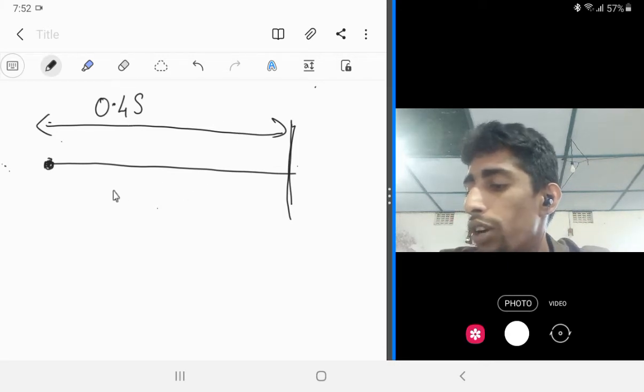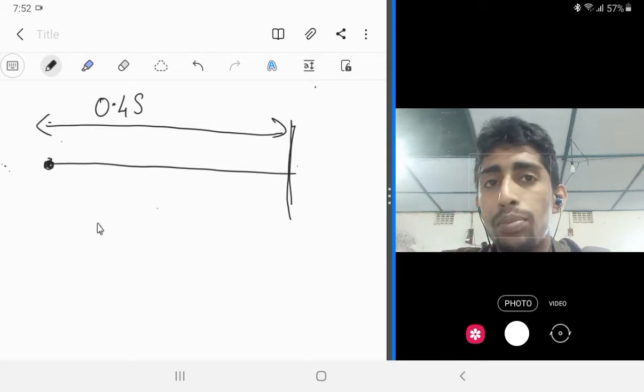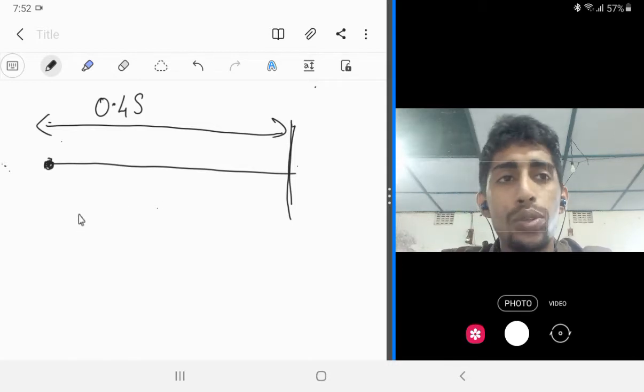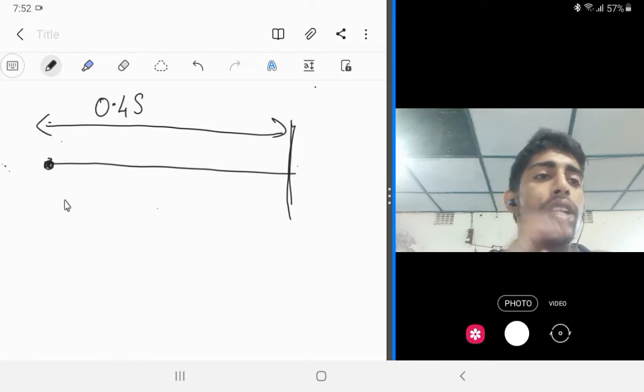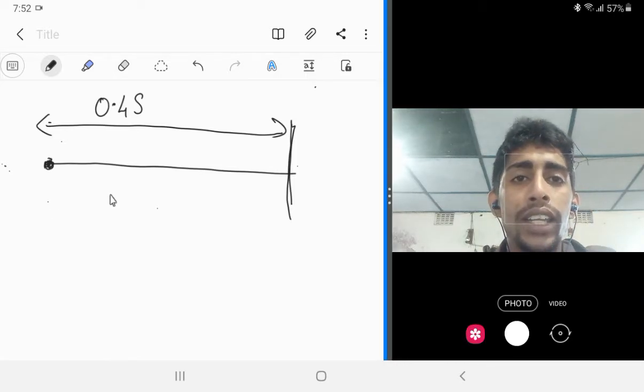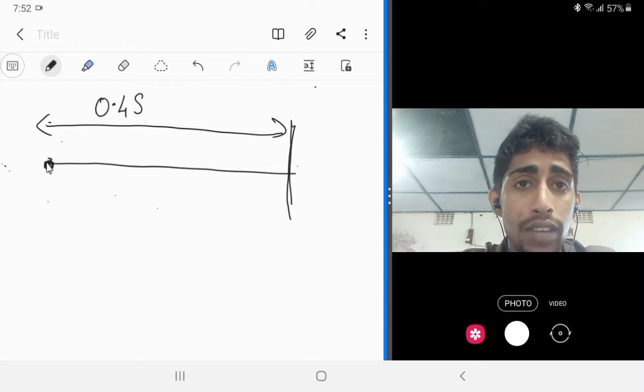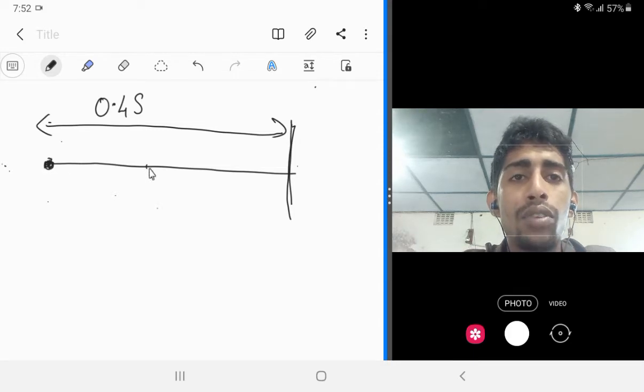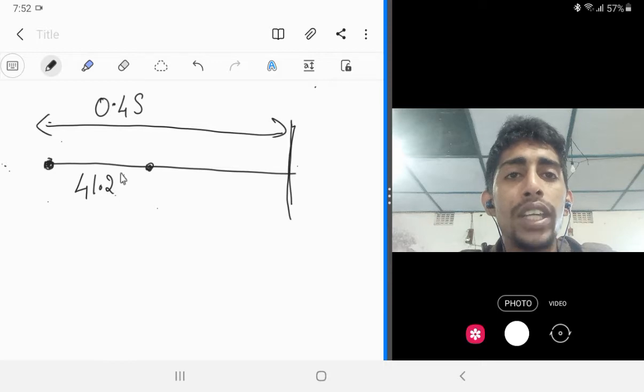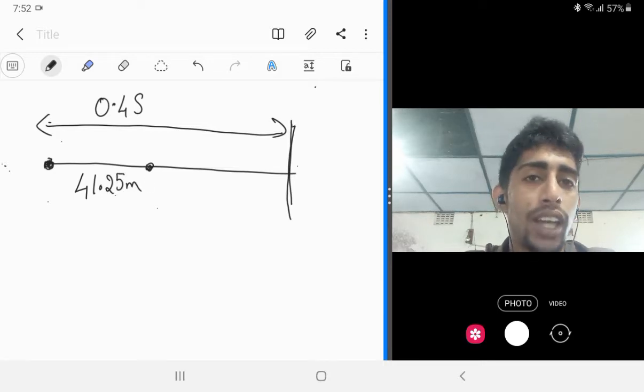Then on moving closer to the cliff by 41.25 meter, he moved a little more forward. Firstly he was here, and now he moves a little closer to the cliff. That means he traveled 41.25 meter.